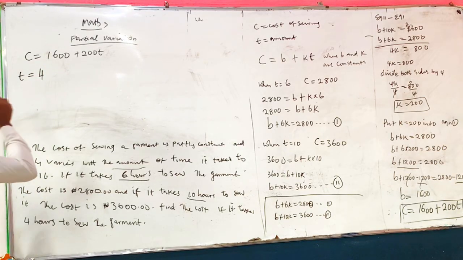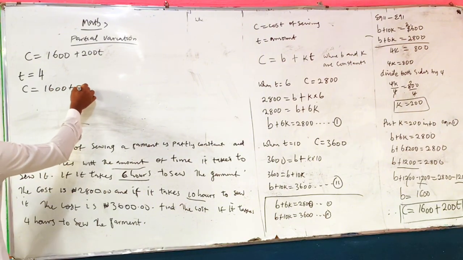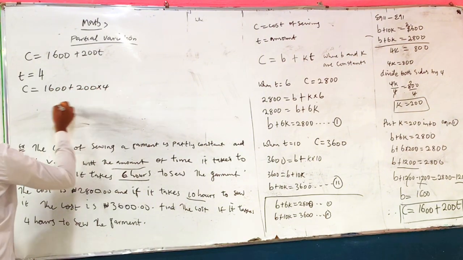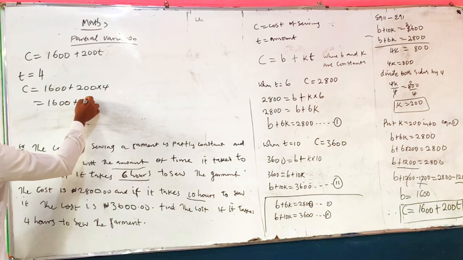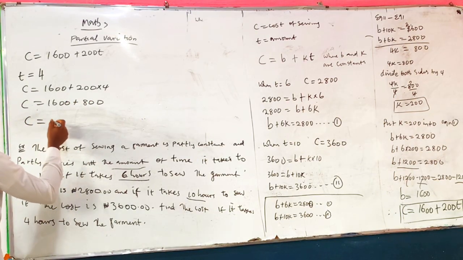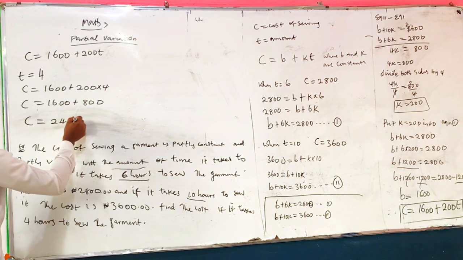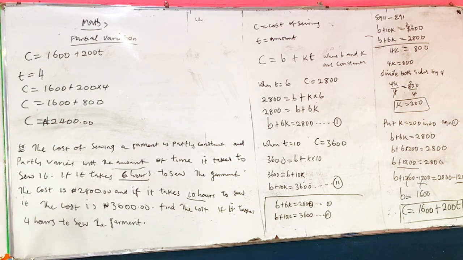So C will be 1600 plus 200 times 4. This is 1600 plus 200 times 4 gives us 800. So what is this plus this? 2400. 2400 naira. So the cost when T is equal to 4 is going to be 2400 naira.